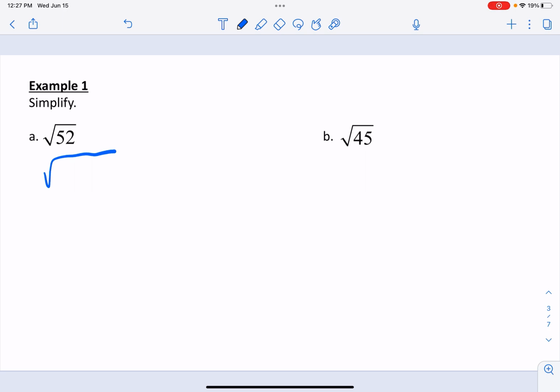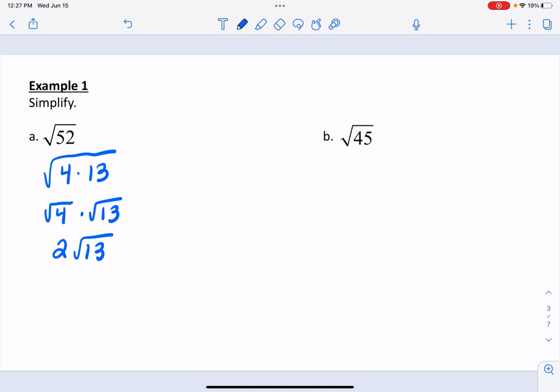But when I see 52, I think it's an even number. I'm going to try 4 first. And that's what I was doing. I did 4 times 13. So I can split that up into square root of 4 times square root of 13. Square root of 4 is 2. Square root of 13, there's no other perfect squares in there. So we write it like that.